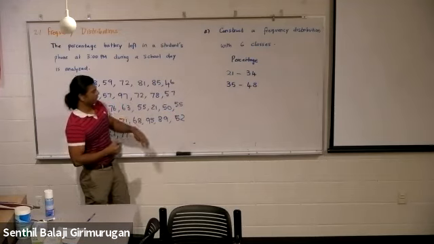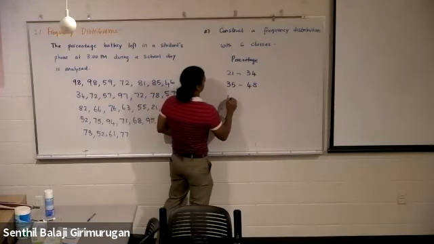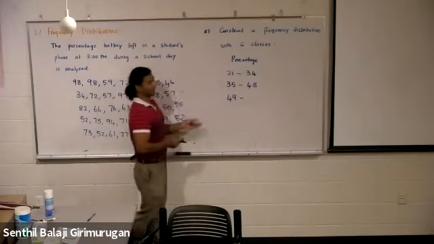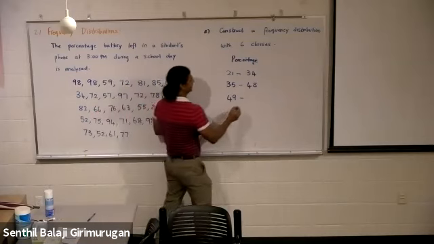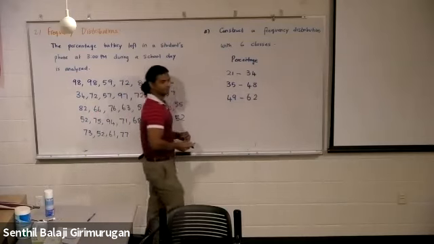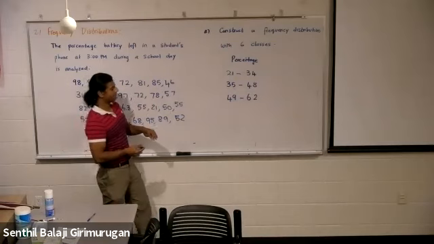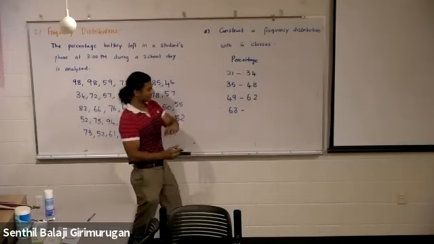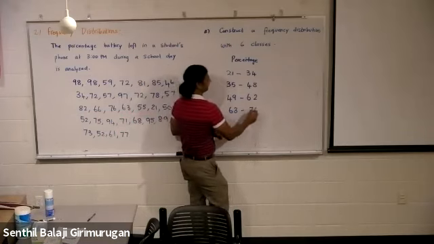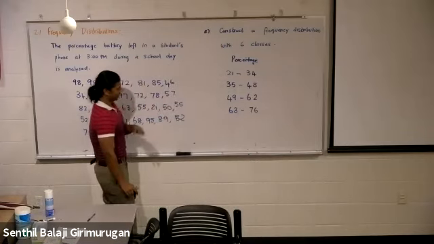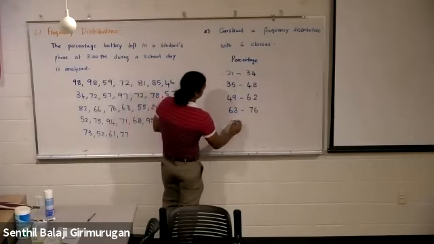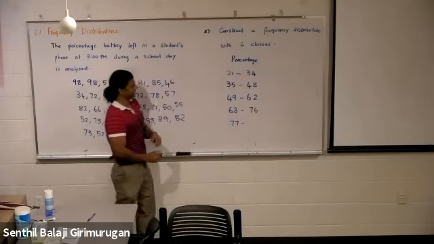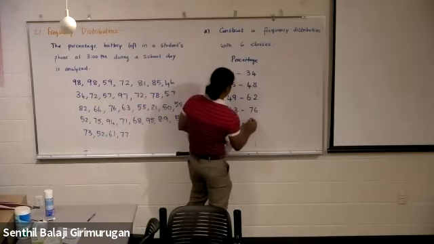Next number, 49. Add 13 to it, 62. The next number, 63. Add 13 to it, 76. Next number, 77. Add 13 to it, we'll get 90.